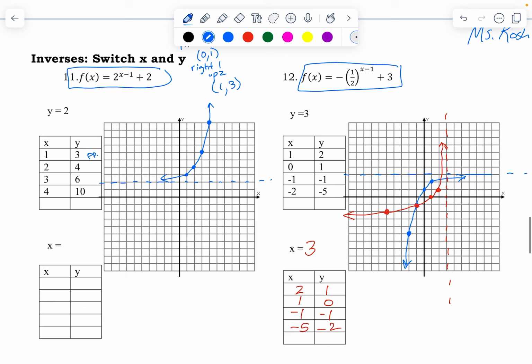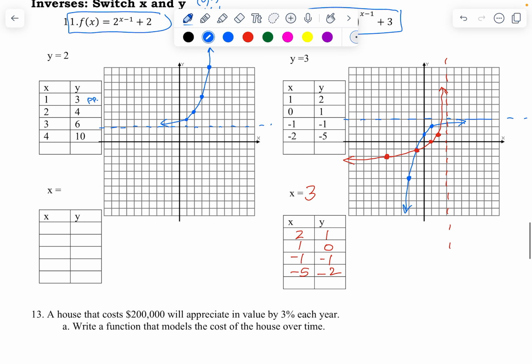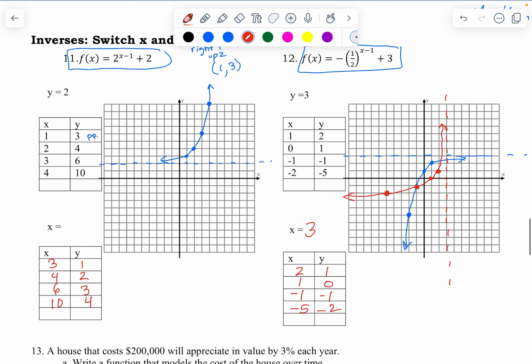Now when I take the inverse, I'm going to switch my x and y's, and I'm going to switch color. The 3, 4, 6, 10 is now my x value, and the 1, 2, 3, 4 is now my y value. So let's plot the point 3, 1, the point 4, 2, the point 6, 3, and the point 10, 4 is way over here.